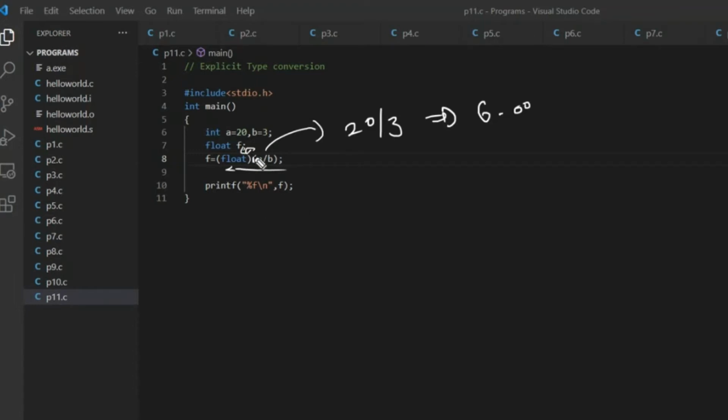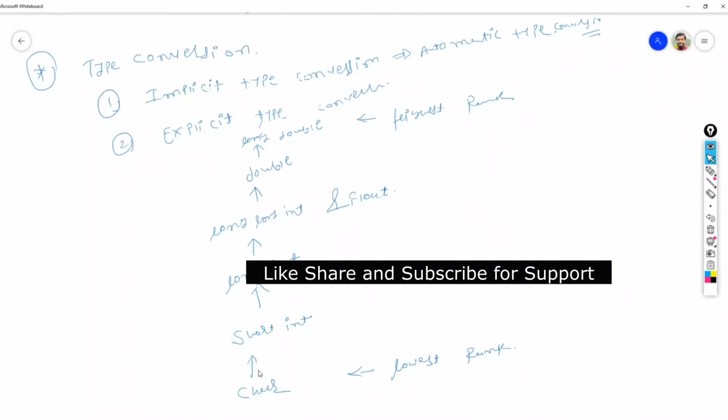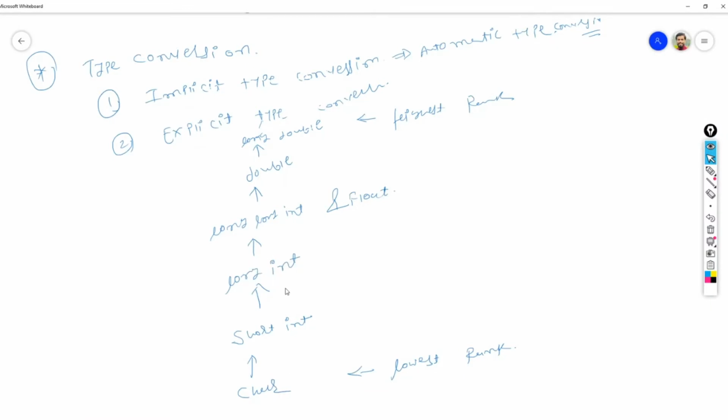So I will remove this parenthesis. Then my a will convert to the float type, so it's 20.0000 divided by 3. The highest priority is float compared to integer. The priority is character, then integer, then float, then double. Yesterday we saw the priority list: character, short integer, long integer, and float.